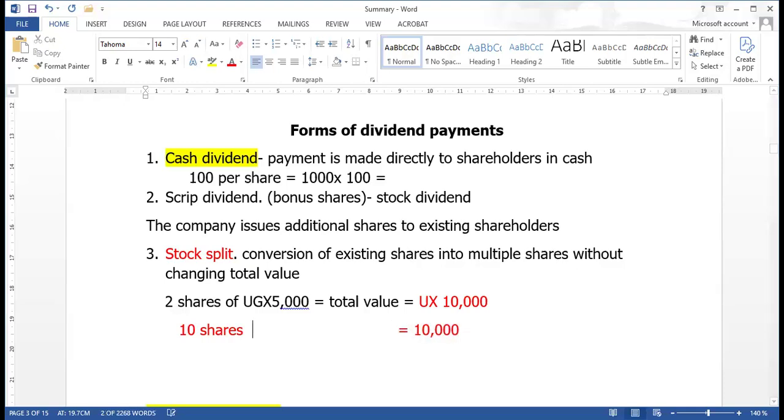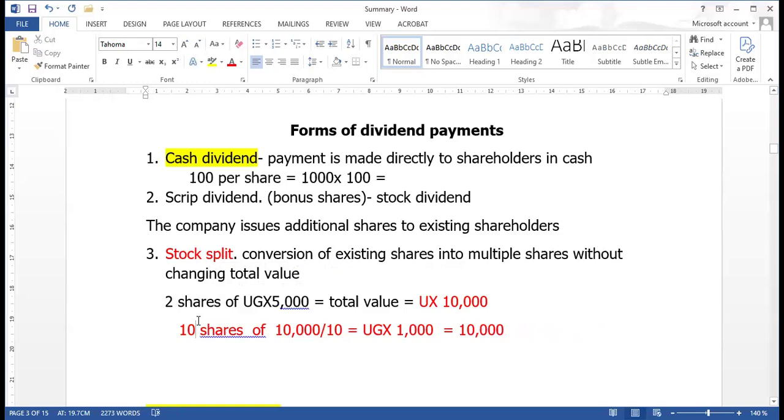So the price of these shares will not remain as 5,000. It will proportionately reduce. You take the total value of 10,000 divided by 10 shares, and now each share price is at 1,000. Do you get what I mean with stock split?